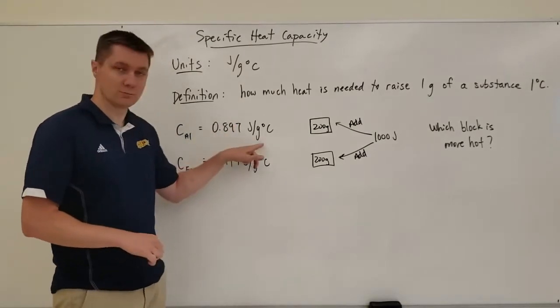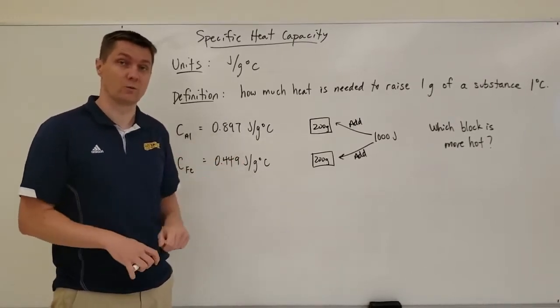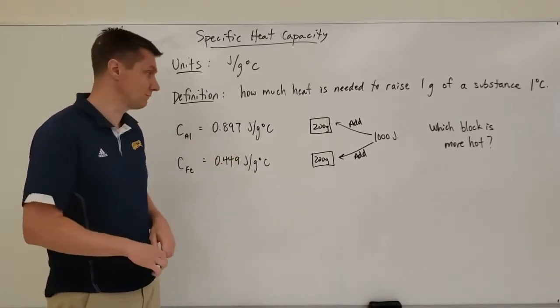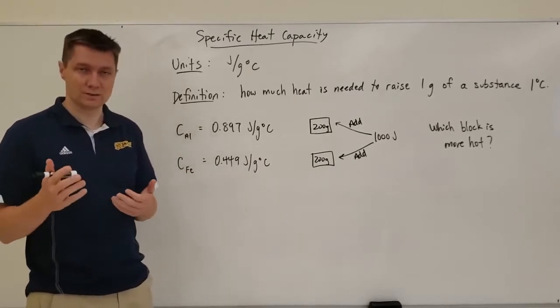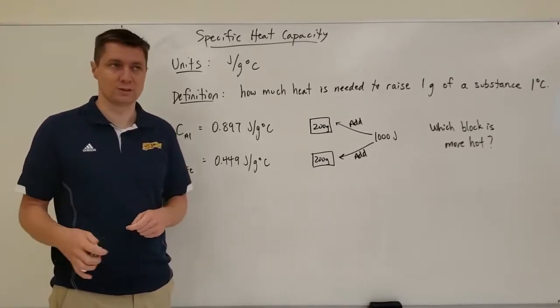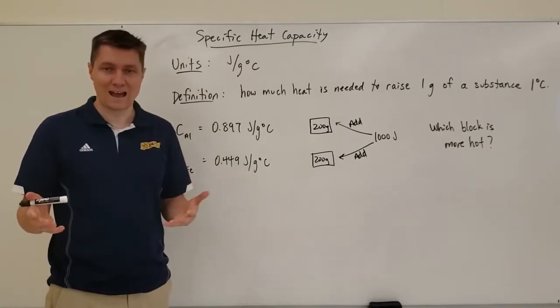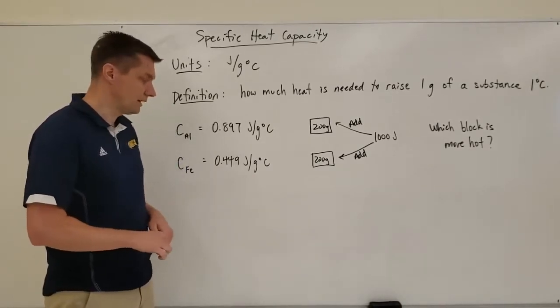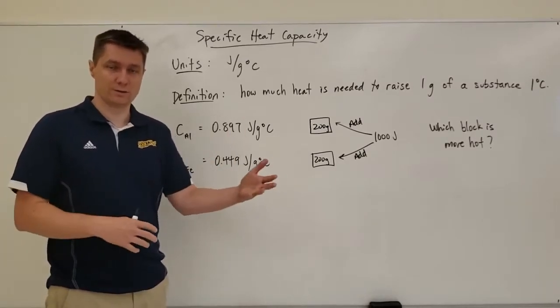And if I had 2 grams of aluminum, then obviously I'd need twice as much energy in order to raise it still the 1 degree Celsius. For iron, you can see that it has a specific heat capacity of 0.449 joules per gram degree Celsius. So this one takes almost half as much energy to raise 1 gram of iron 1 degree Celsius.